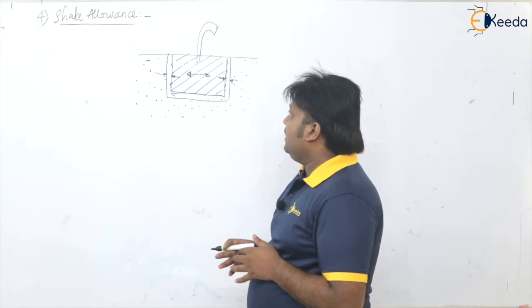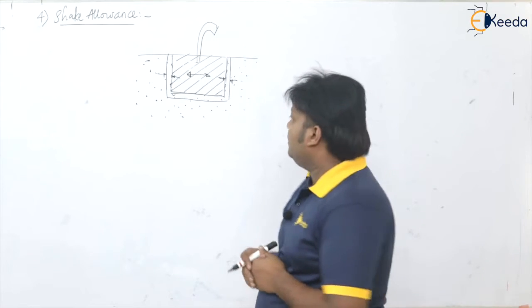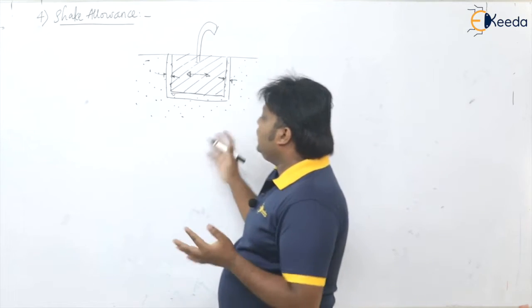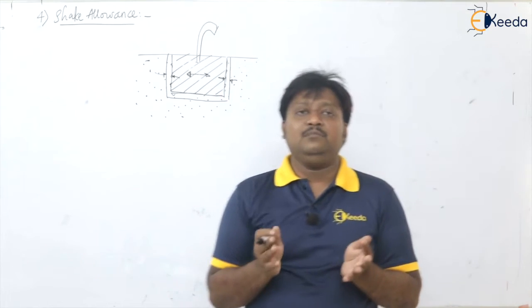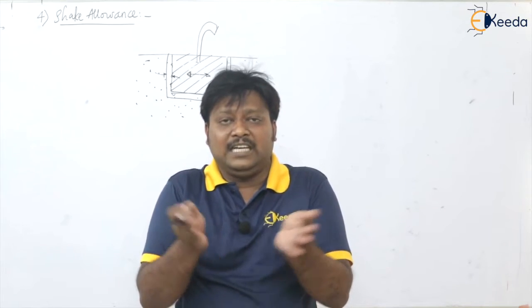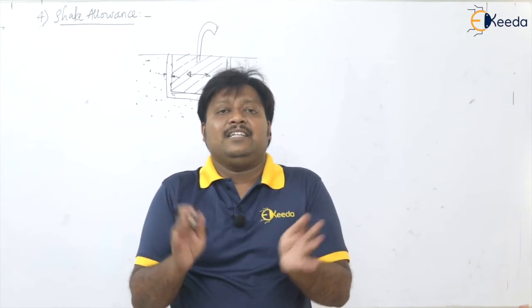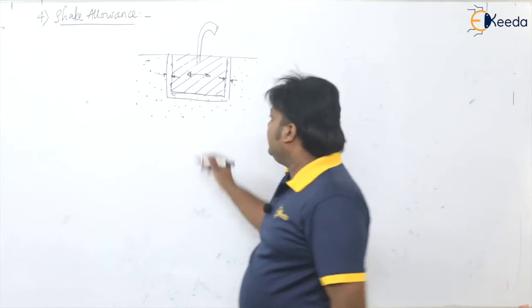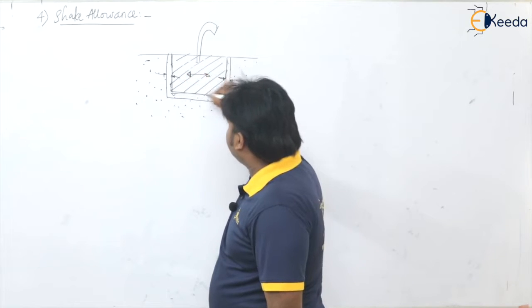So what the mold maker does here is he gives this shake allowance such that the mold cavity becomes lesser in size, smaller in size, or negative in size than the required one, isn't it? Because of this shake allowance, the cavity becomes small.